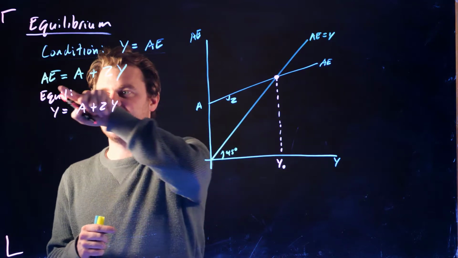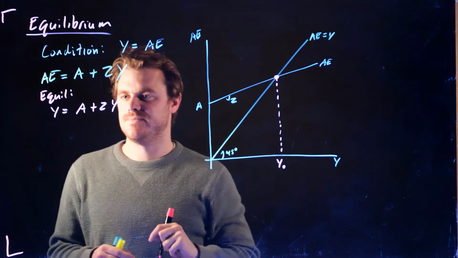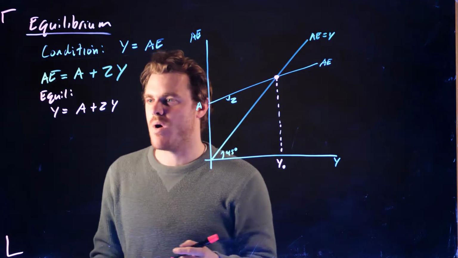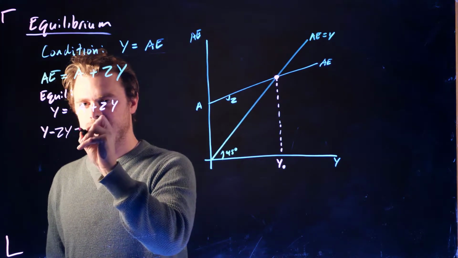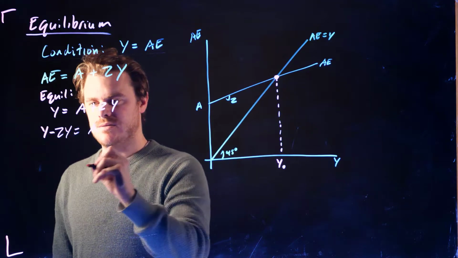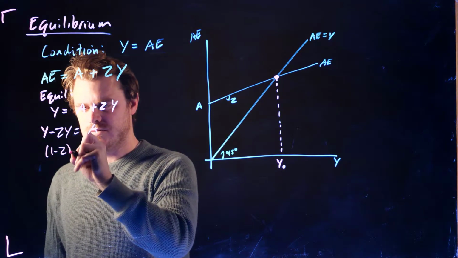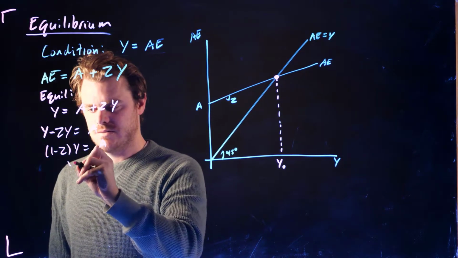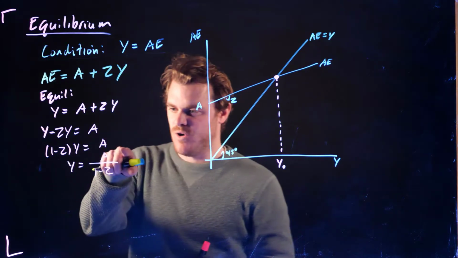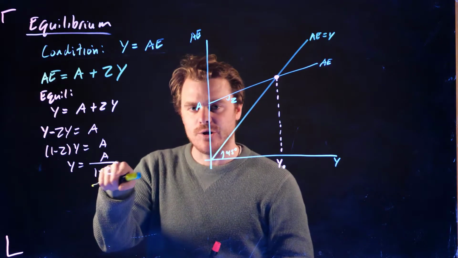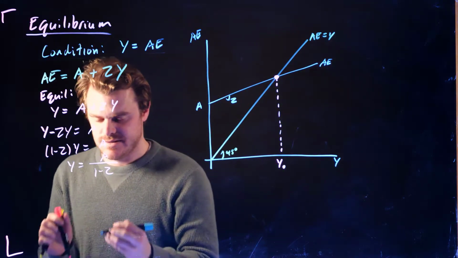Y equals AE, so Y equals that. And then again, we're just solving for Y. Move this one over. So it looks exactly the same as last time, but what's different is what's in that capital A and what's in that Z.